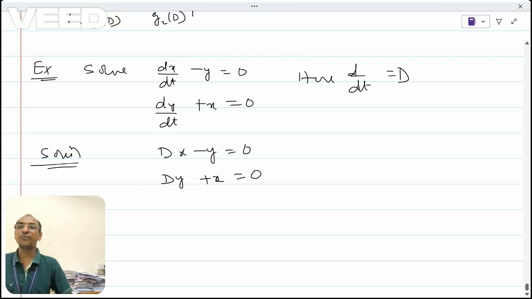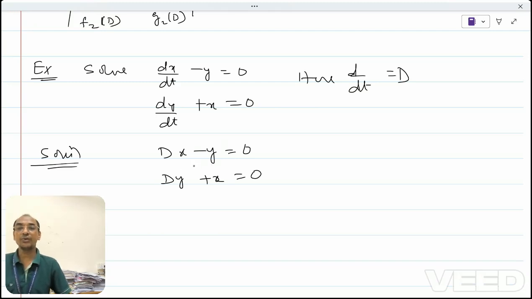So f1 d is nothing but d, g2 d is nothing but d. So these are polynomials of d. Now these two equations are together called simultaneous differential equations because we have two variables and two equations.